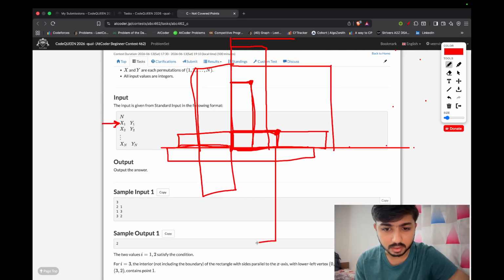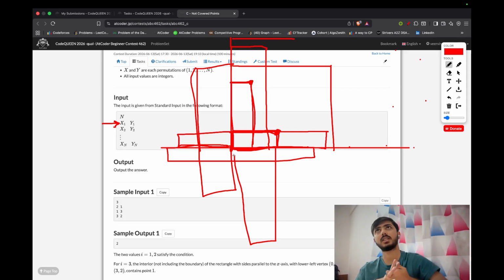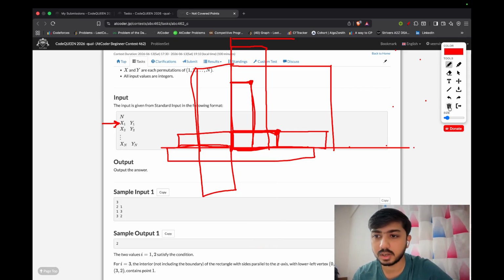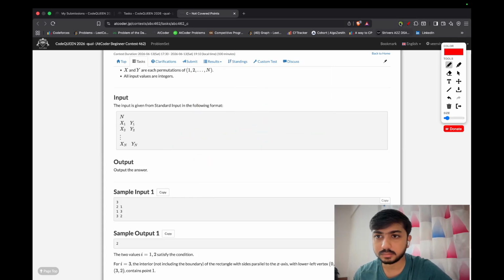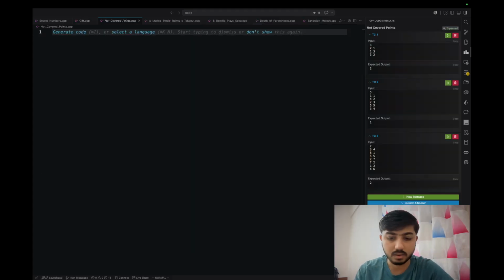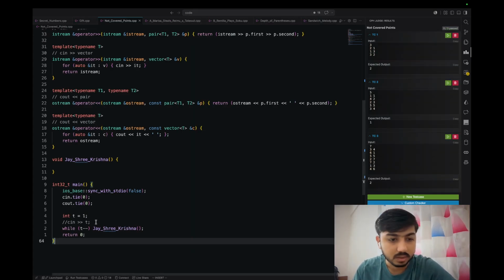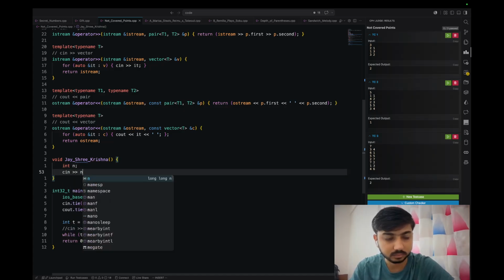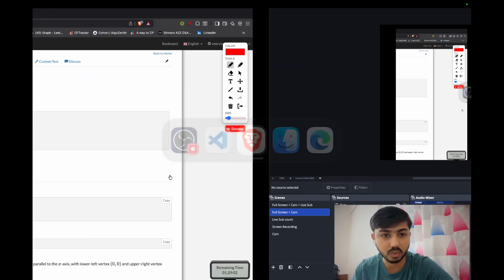This rectangle or somewhat this rectangle. Yes. Yeah, let's do it. Here. So we have n points. Cool, cool, cool.